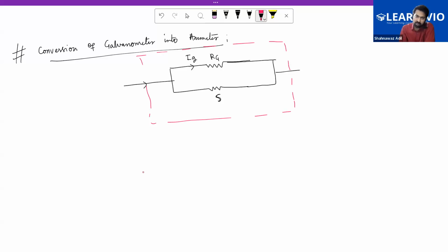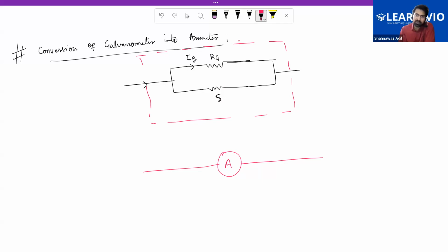In an ammeter, you have a galvanometer, and parallel to this galvanometer, a shunt resistance is connected. So then you can calculate what this shunt resistance is.